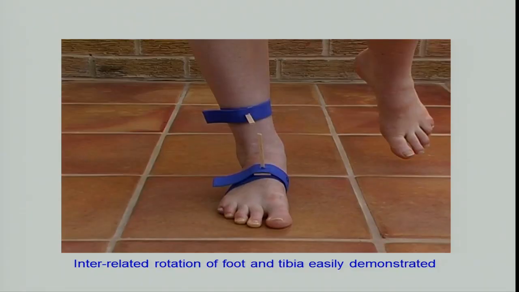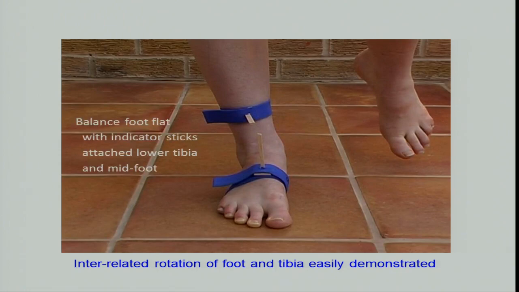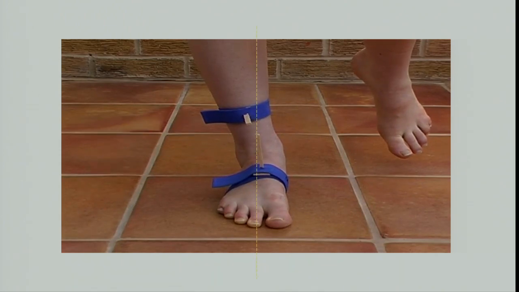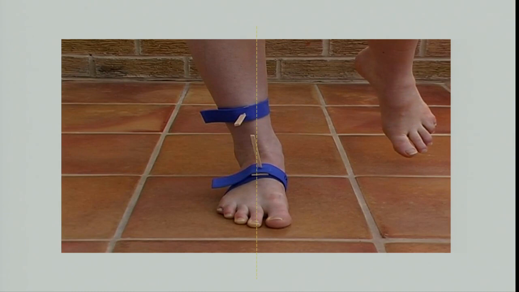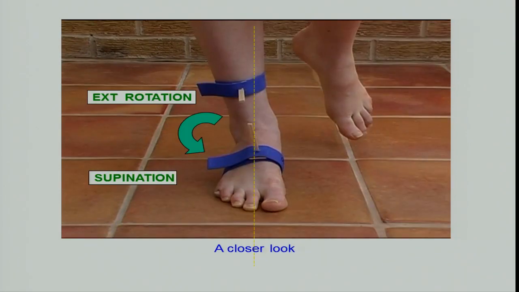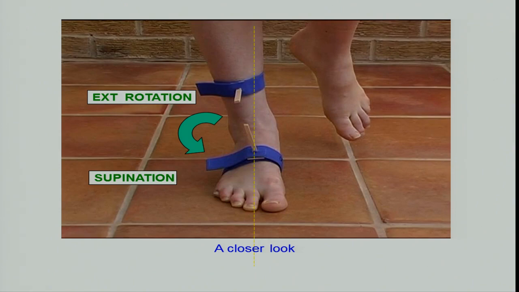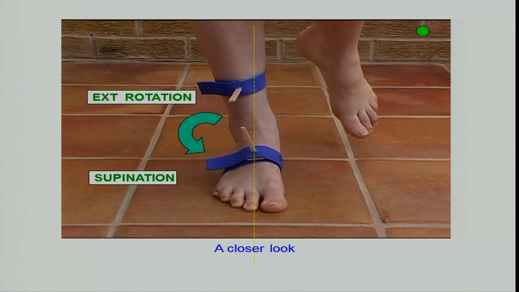Now these interrelated movements, as I have shown you before, can easily be shown. The synchronous rotation of the midfoot into pronation and supination, and rotation of the tibia. External rotation and supination, external rotation of the tibia and supination of the midfoot are clearly seen there.